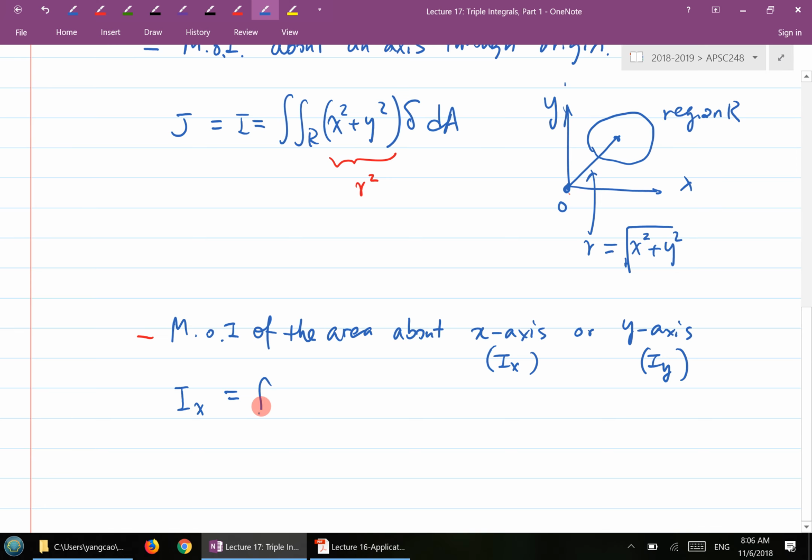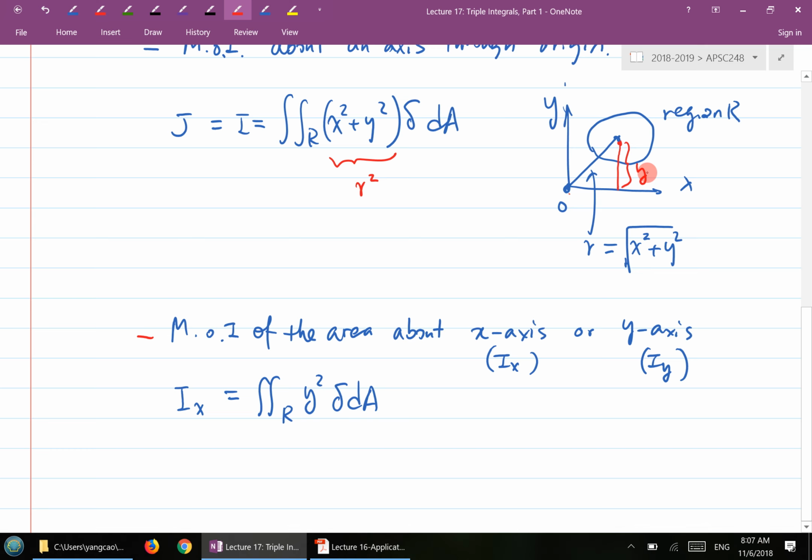Ix is the double integral over the region R of y squared delta dA. Delta is the density function. And what is y squared? If you pick a point and look at the distance from that point to the x-axis, it's the y distance.